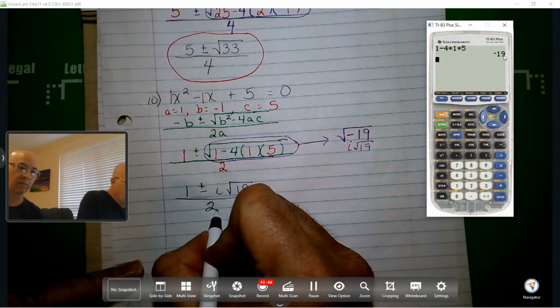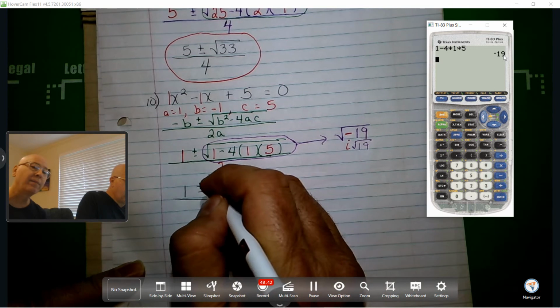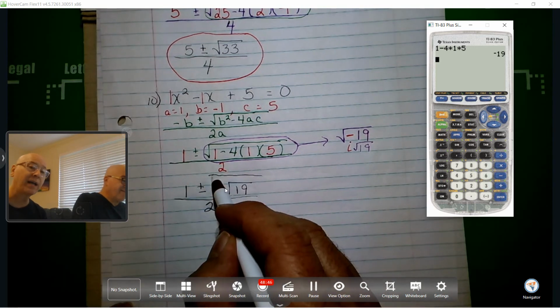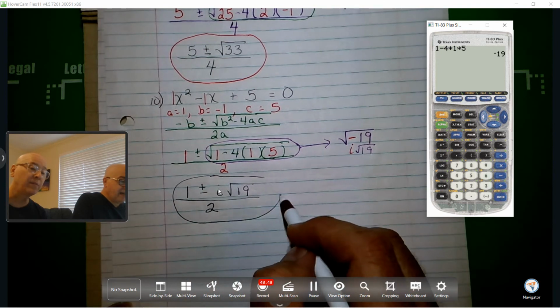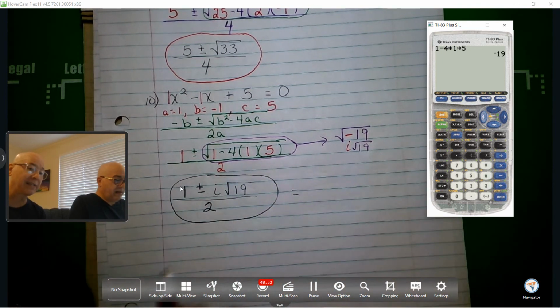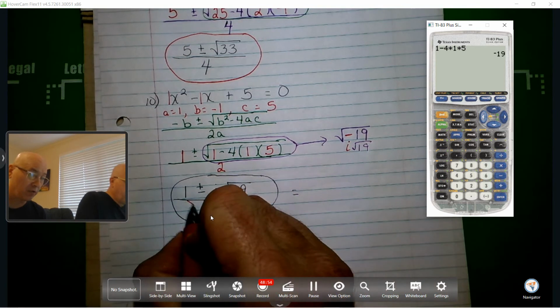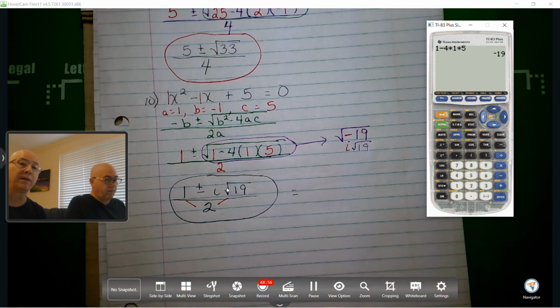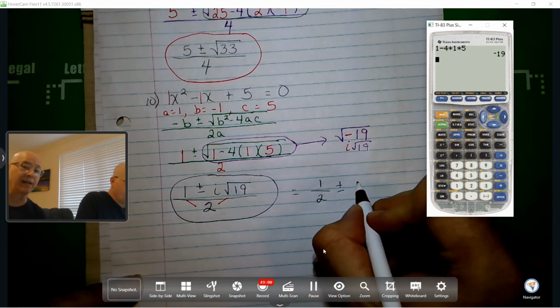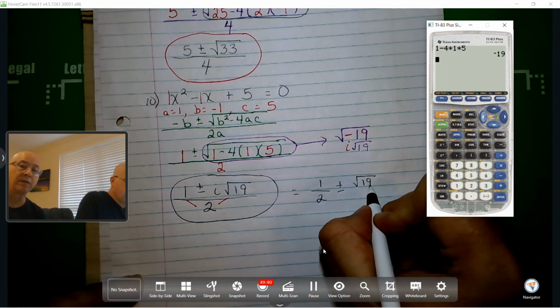You can't do anything to simplify. Well, wait a minute. If I have a fraction with an i on top, I do what we did in that second homework assignment. I separate it: 1 over 2, and then square root of 19 over 2, and I stick the i out on the side.